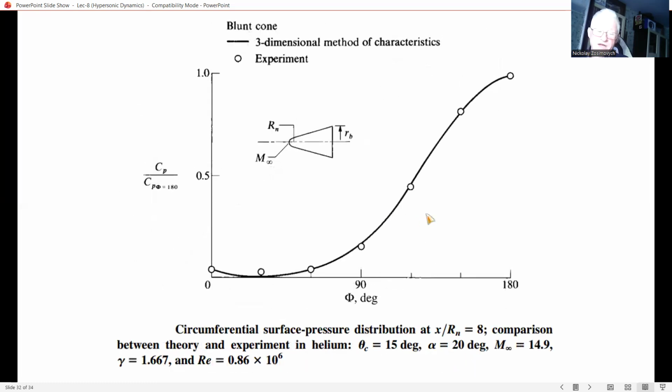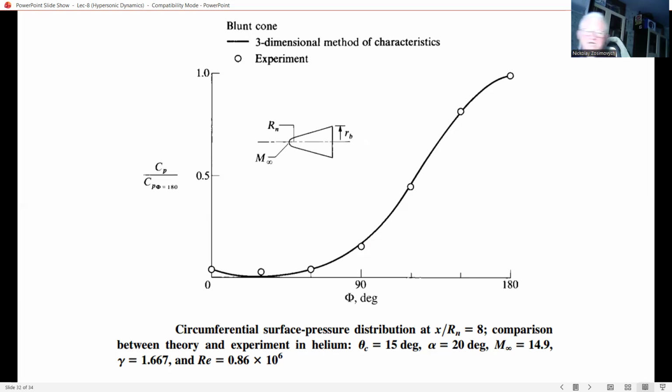And finally, to emphasize the three-dimensional nature of this flow field, this slide illustrates the circumferential surface pressure distribution around the blunt cone at angle theta.